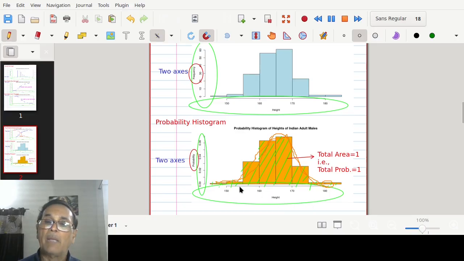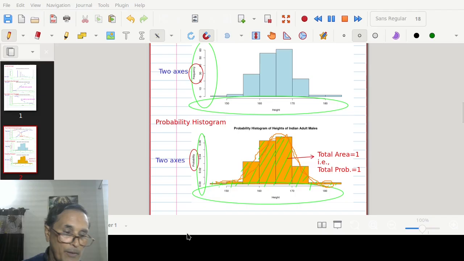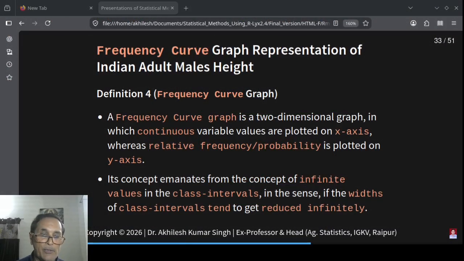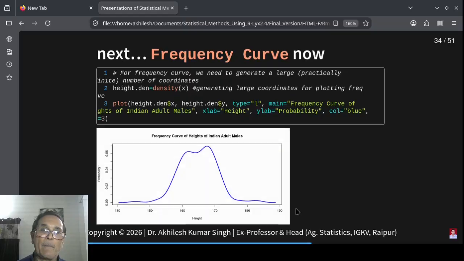This is what I mean by this discussion. Coming back to our presentation: this emanates from the concept of infinite values in the class interval, in the sense that the widths of the class intervals tend to get reduced infinitely by increasing the sample values infinitely.